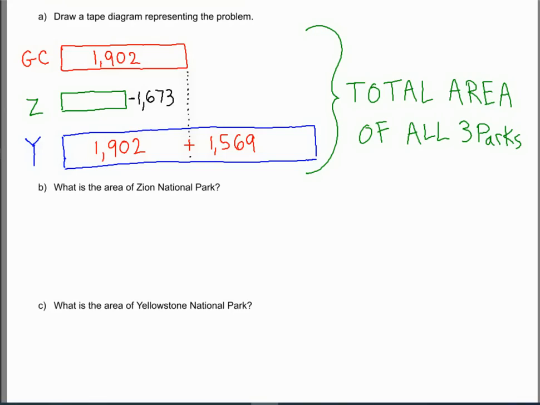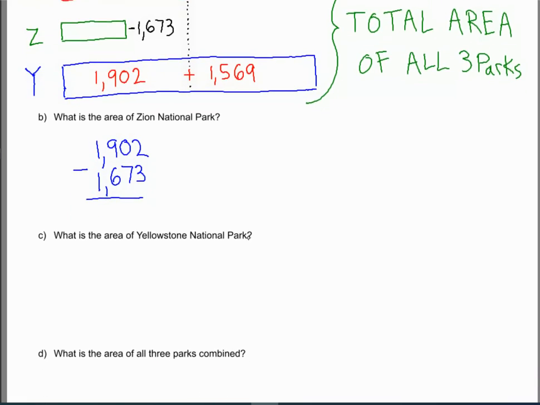Well, to figure out Zion National Park, I need to take what the Grand Canyon is, 1,902, and subtract 1,673. I'm going to let you figure that out at home.